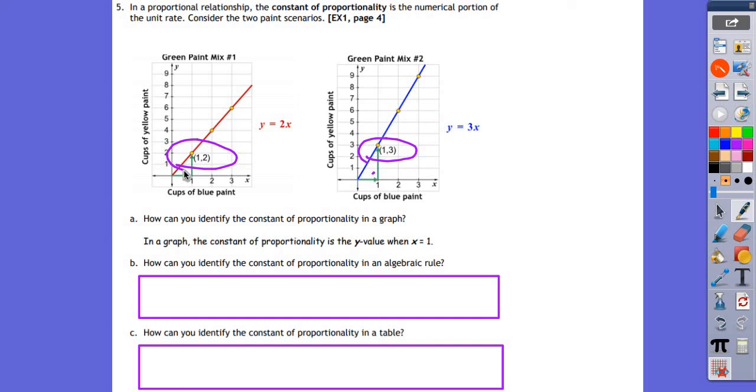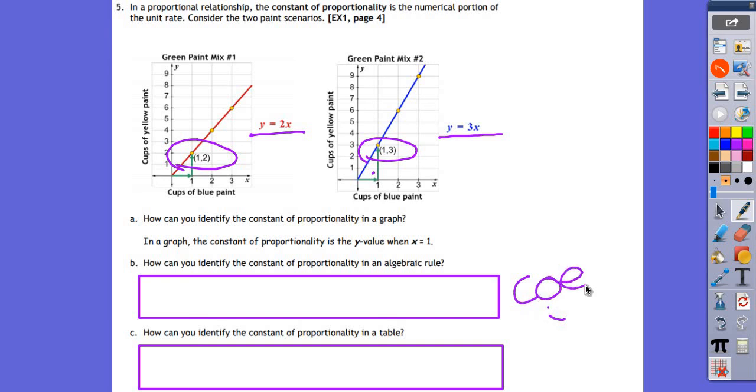B says, how can you identify the constant of proportionality in an algebraic rule? These are algebraic rules. What is my constant of proportionality in number 1? 2. What is my constant of proportionality in 2? 3. So what is that word we just learned of a number that sits in front of a variable? A coefficient.